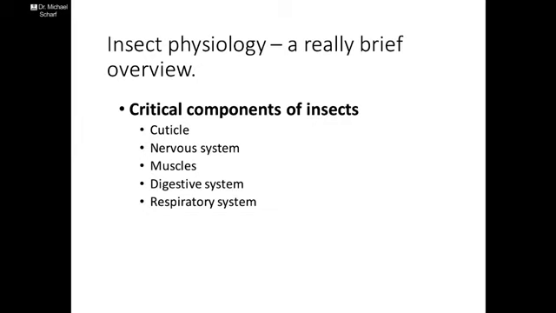Okay, so jumping into the first topic. This is insect physiology, a really brief overview. I think it's important to point out at the beginning that everything boils down to chemistry. It's the chemistry of the insecticides; it's a chemical manufacturing industry that produces these things.